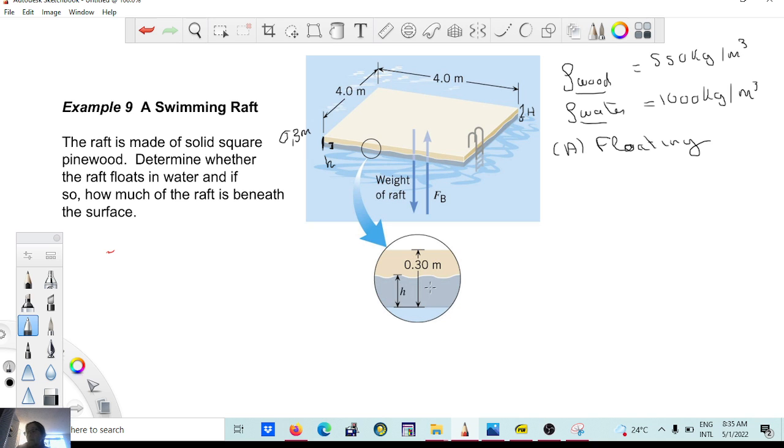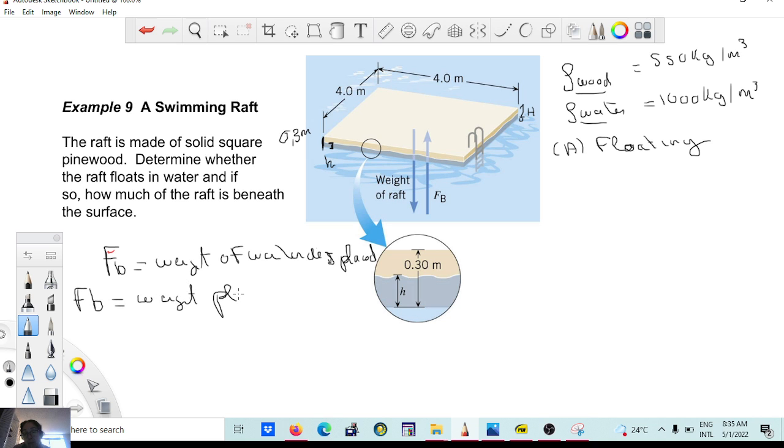Okay, so it's floating. So what do we know? We know that the buoyant force equals the weight of the water displaced. By definition, that will always be true, but because it's floating, we also know that the buoyant force equals the weight of the platform.